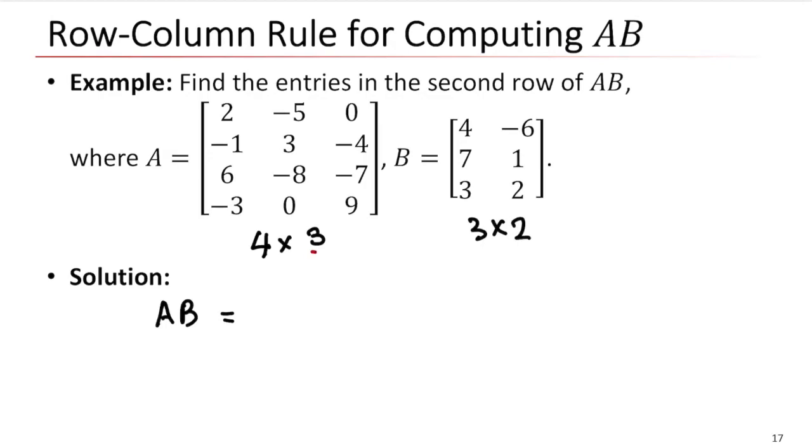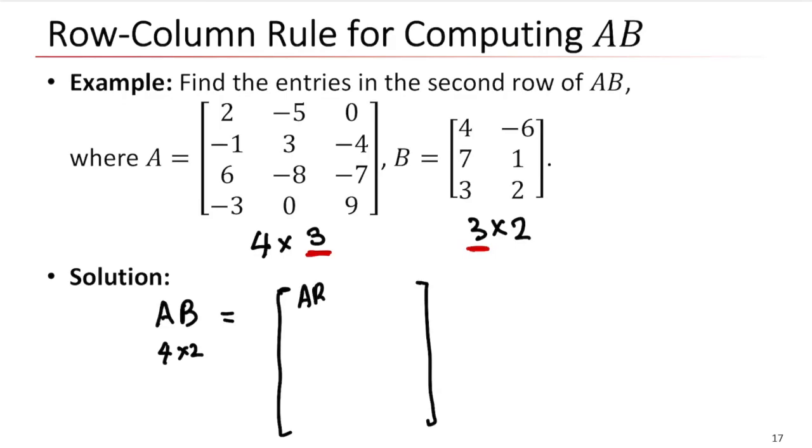So first of all, these two values are the same, and the size of AB will be 4 times 2. So the shape of the output is something like this. Is it correct? Right, yeah.